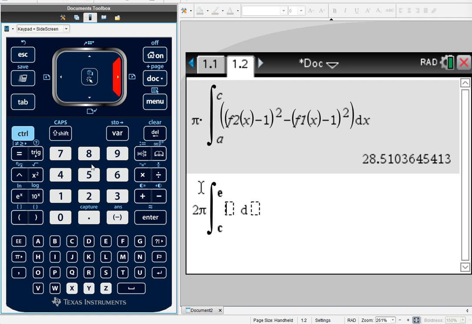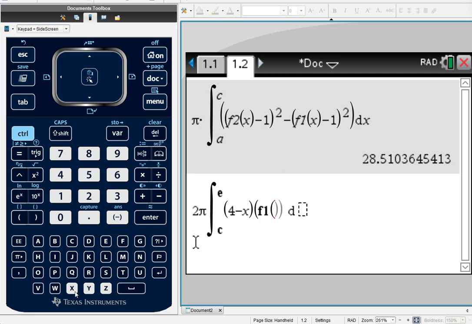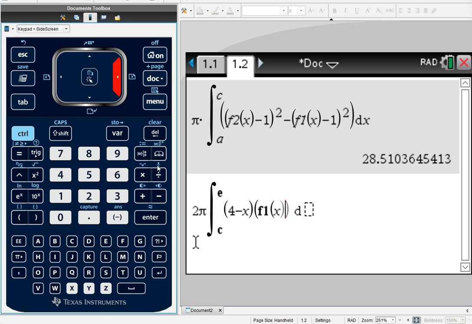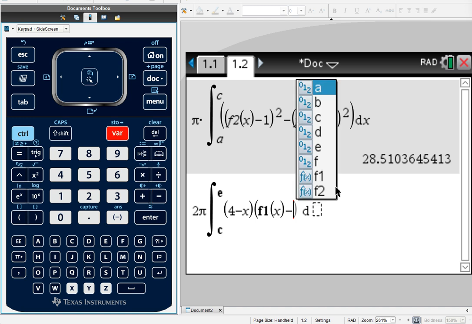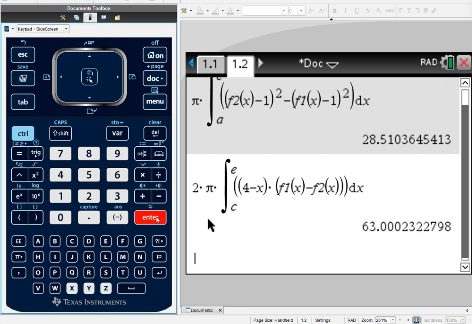And then we get 4 minus x, so open parentheses, 4 minus x. Sometimes after this you have to put it times, but I think on this one we don't have to, especially when the radius is just x. And then f of x was f1 of x, minus g of x was f2 of x, times dx. We get the same thing.